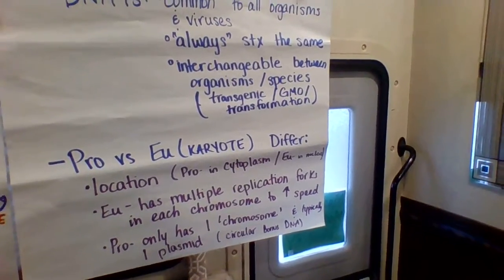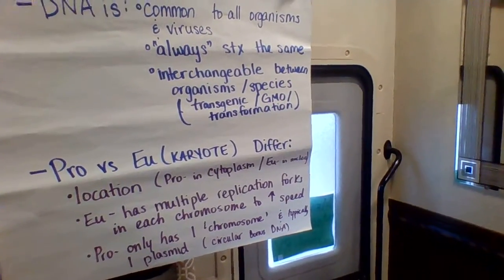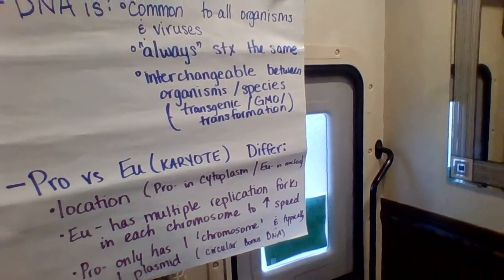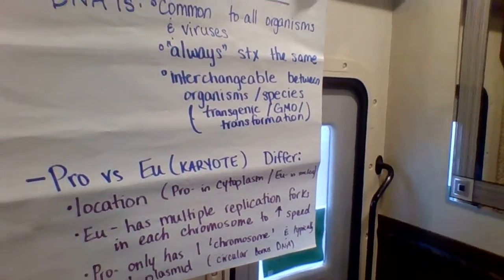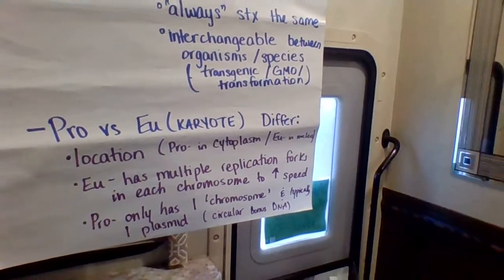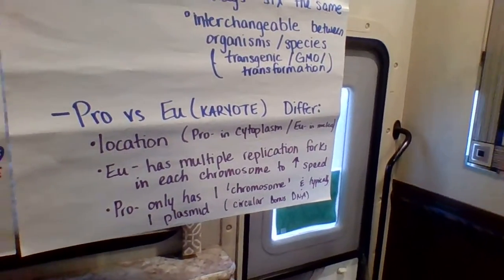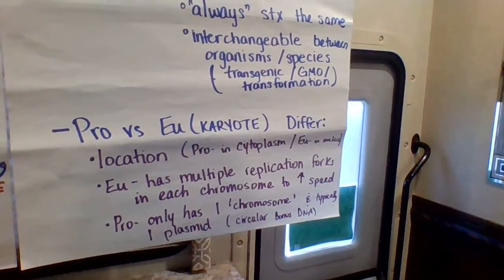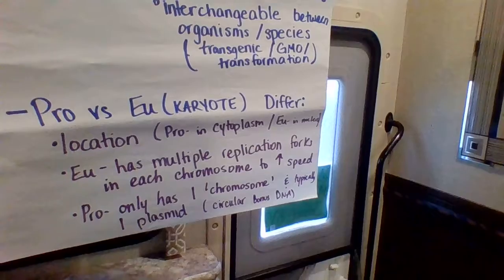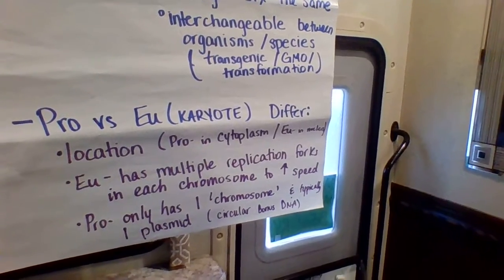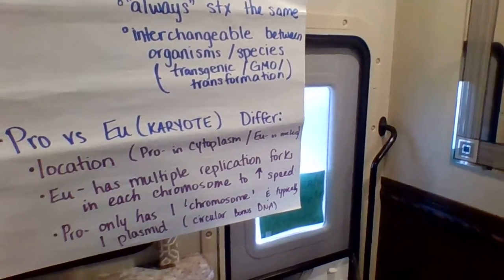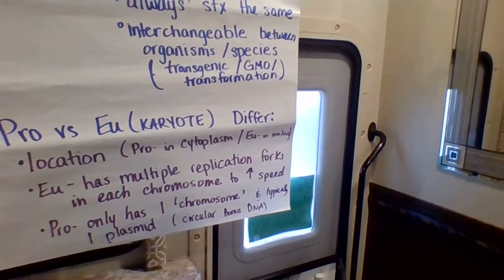The prokaryotic cell is going to have its DNA in the cytoplasm. It does have a nucleoid region, which is like a general area where we can find the DNA, but it is not a true compartment. And then we have eukaryote, of course, which is going to be in the nucleus when we're talking about nuclear DNA replication, so the primary stuff, okay?